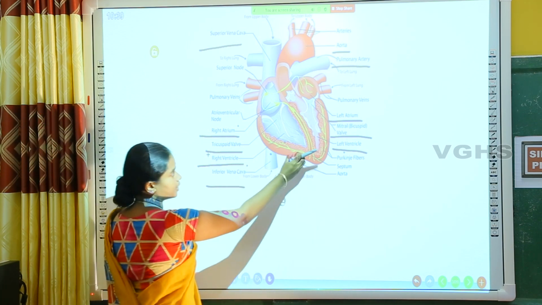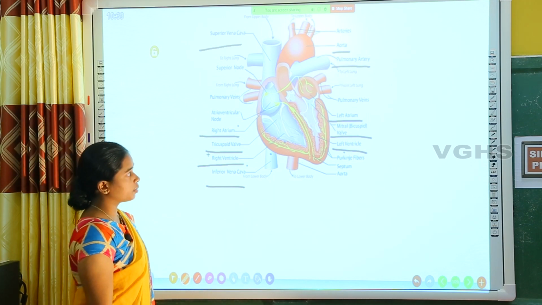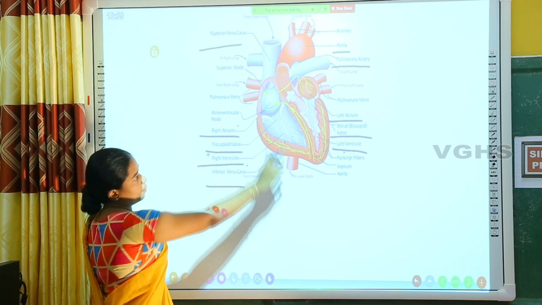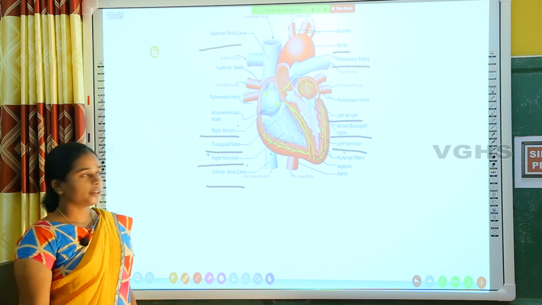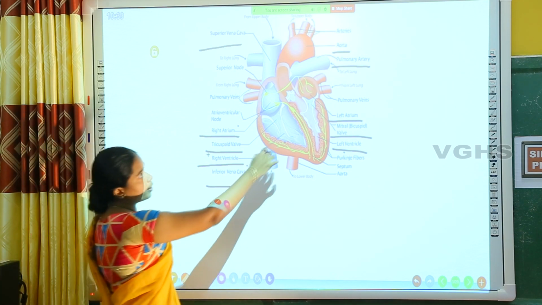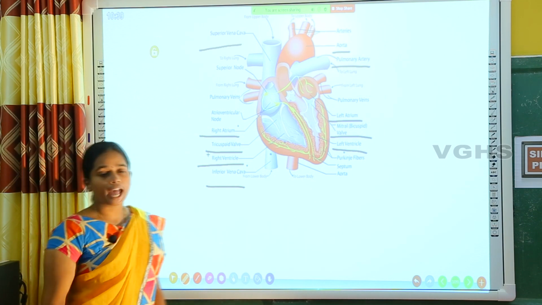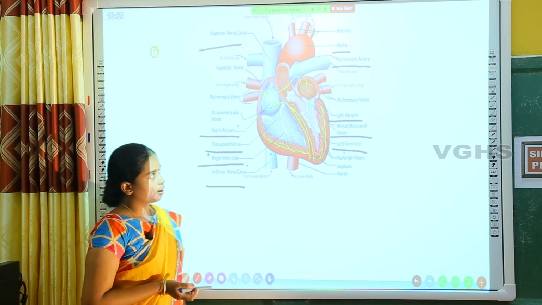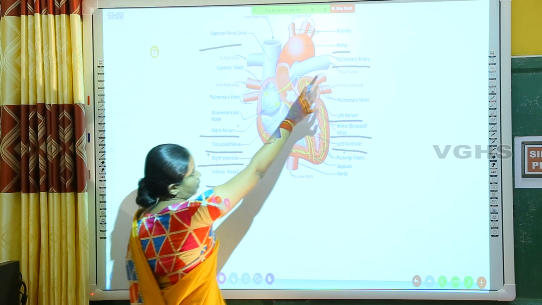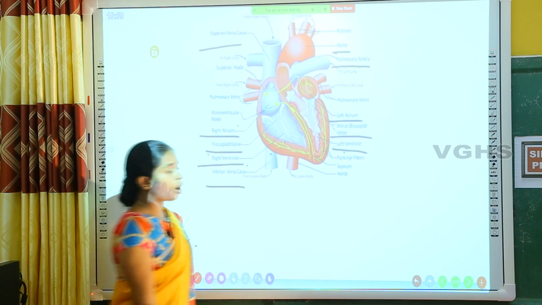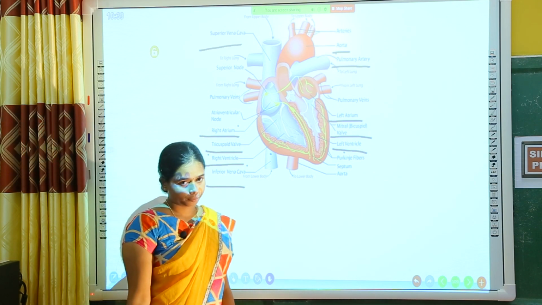When the ventricles contract, the semilunar valves open, the pulmonary semilunar valve and aortic semilunar valve, and through the pulmonary artery the deoxygenated blood is carried to the lungs. From the aorta, the oxygenated blood is carried all over the body.